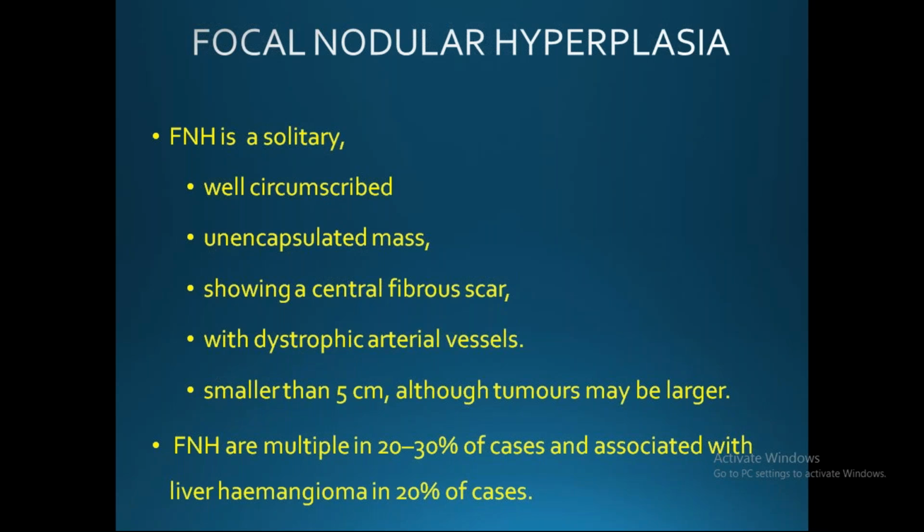Usually it will be less than 5 centimeters. There are some cases reported to be larger in size. FNH also has an association with hemangiomas. In about 20% of patients, you can see both hemangiomas and focal nodular hyperplasia in the same patient.